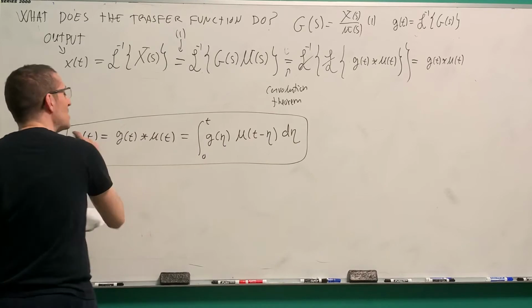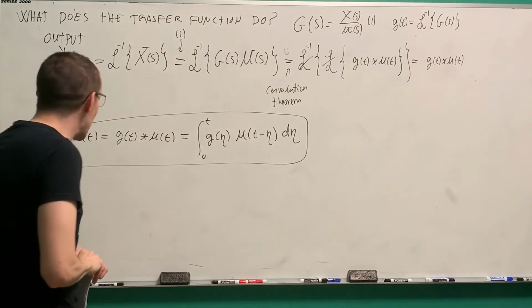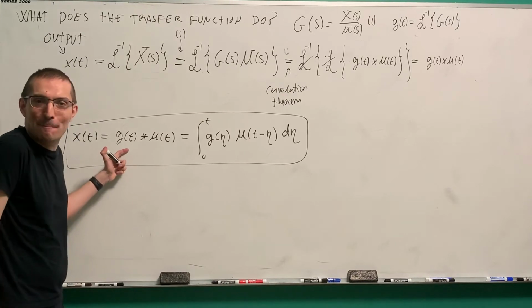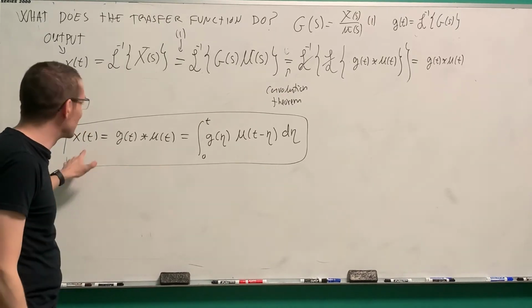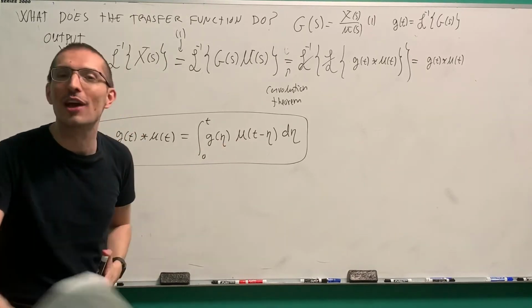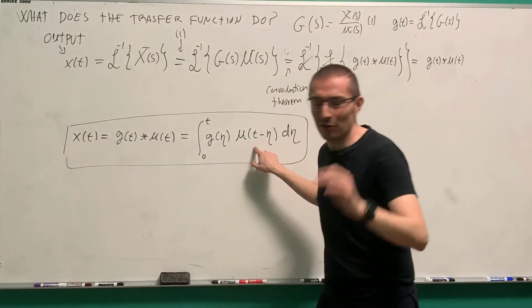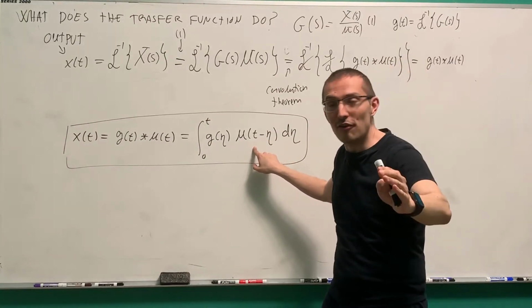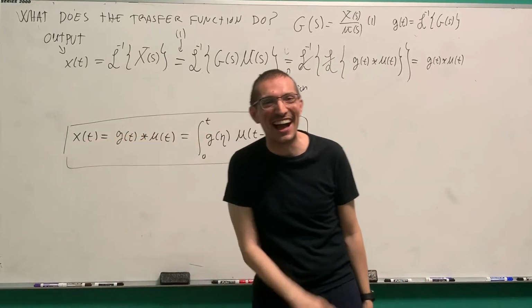This result is really important. This result tells you what the transfer function is. The transfer function is an object, a box if you want, that takes the input and returns the output. And from the input, put the input you want through convolution with the transfer function, you get the output. The convolution with the transfer function maps the inputs into the outputs.